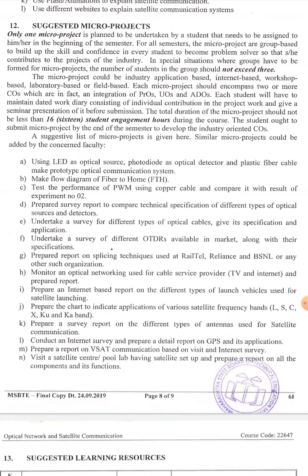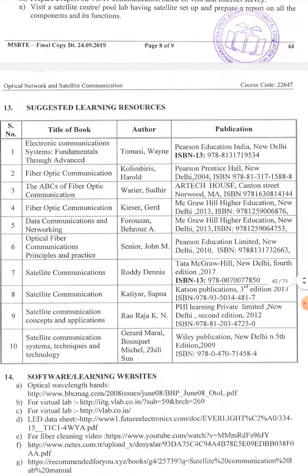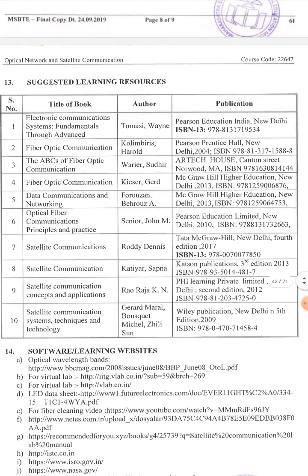So these are nothing but some list of micro projects that you have to perform for your submission of this optical fiber communication, right? So these are some reference books which we are going to use.